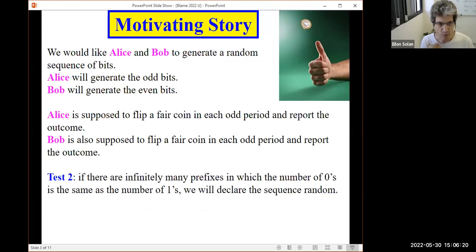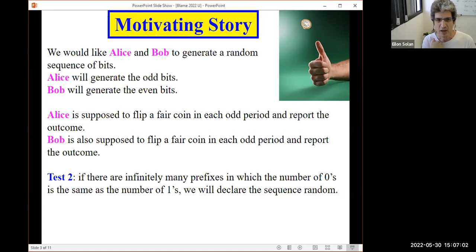So far, I hope everyone is with me. Suppose that now we decide to run a more elaborate randomized test. We check each prefix of this sequence, from the first bit to the kth bit, and count how many zeros and how many ones we got. If those two numbers match infinitely often, then we proclaim the sequence random.